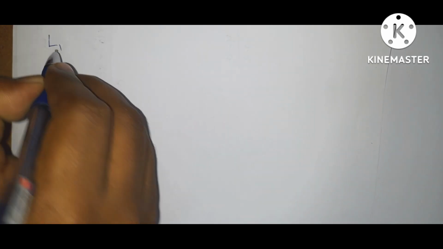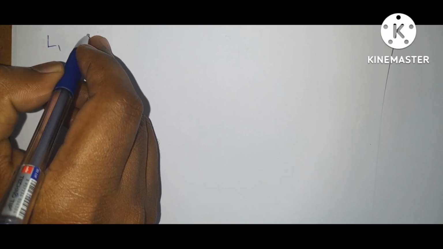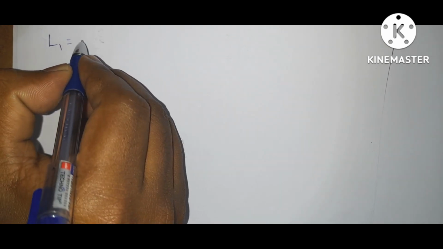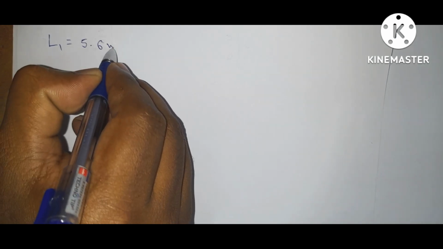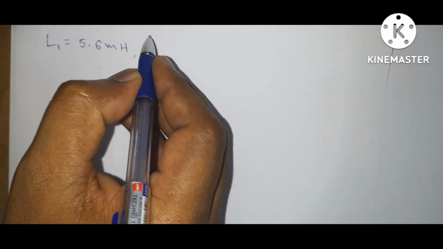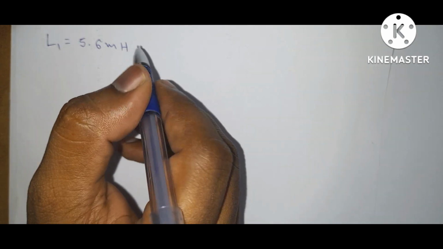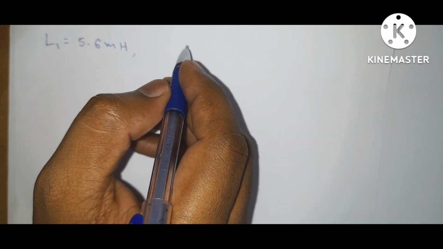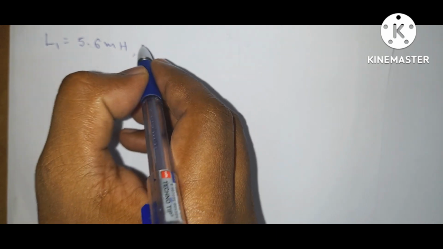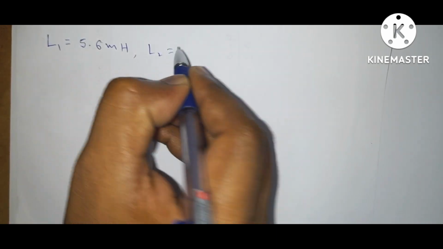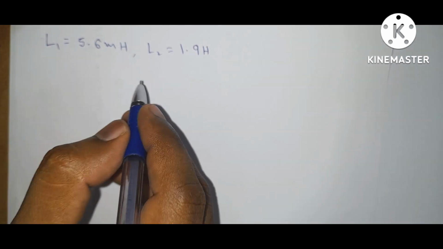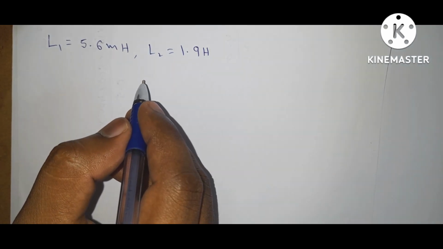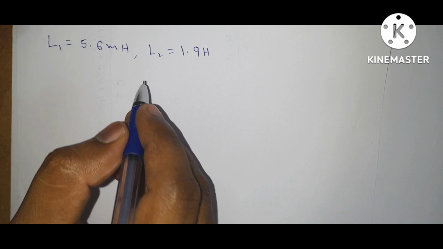The inductance of the air core is given, so let it be L1, equal to 5.6 millihenry. If the air core is replaced by an iron core, then the inductance becomes 1.9 Henry, so let it be L2, 1.9 Henry.